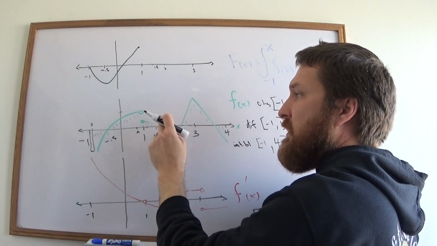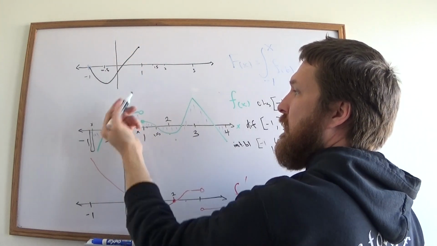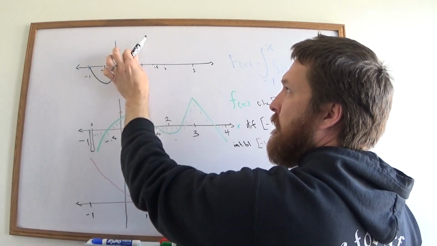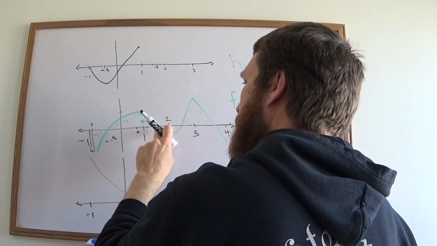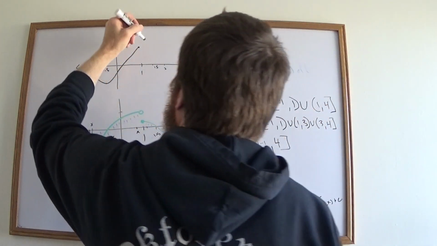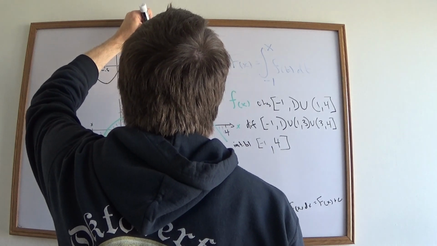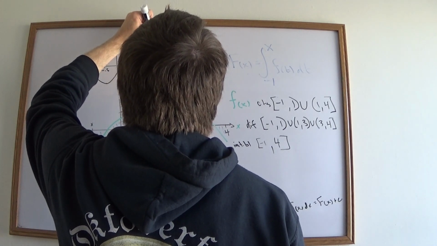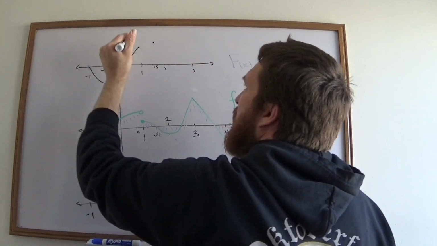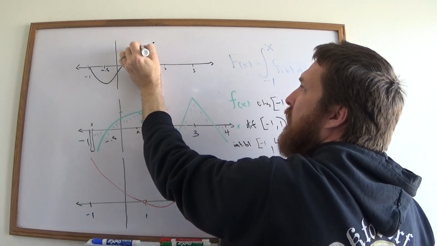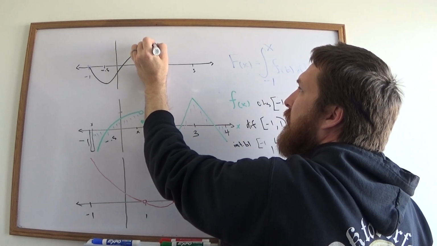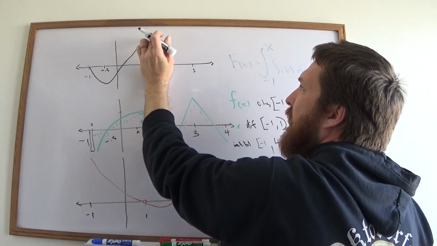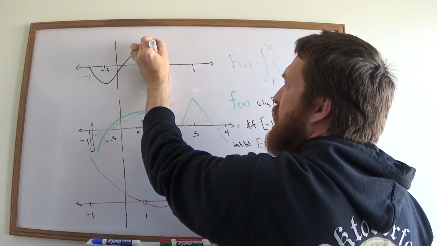Okay, so big slope, jumps to a smaller slope, and then goes to 0 at 1.5. So let's do it like this. Corner this way, and then something like that. At 1.5, now its slope is 0.